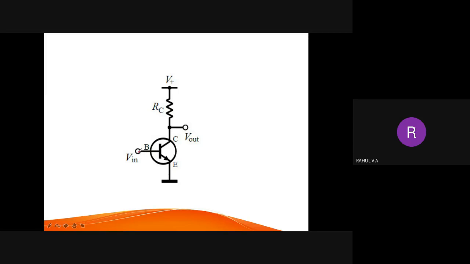We will be applying input across base and emitter, and the output will be taken between collector and emitter. This is called common emitter configuration.